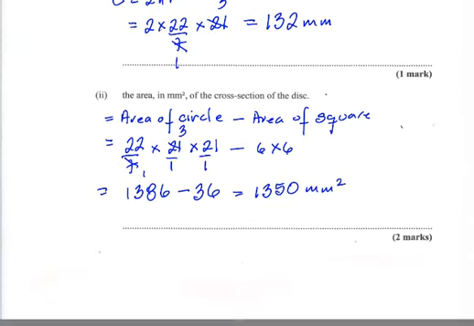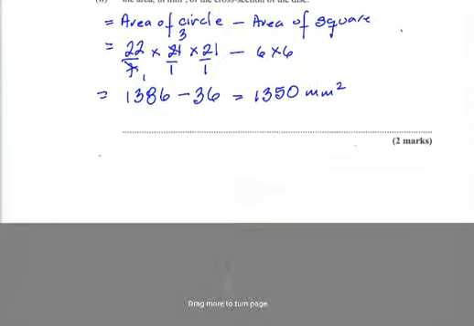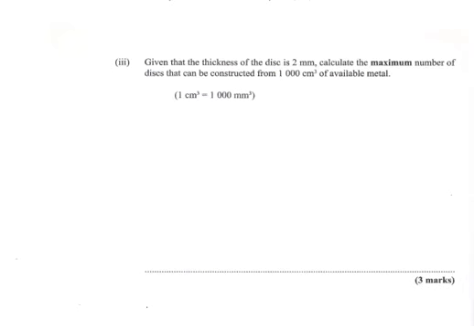All right, so let's see what's next. Next we're told, given that the thickness of the disc is 2 millimeters, calculate the maximum number of discs that can be constructed from 1000 cm cube of available metal. 1 cm cube is equal to 1000 millimeters cube.